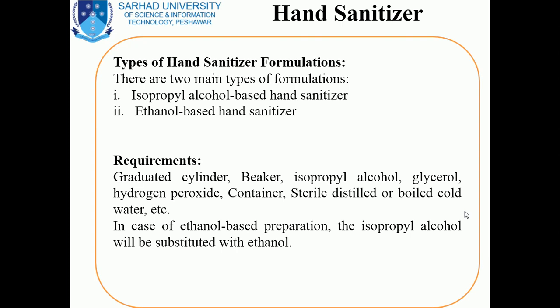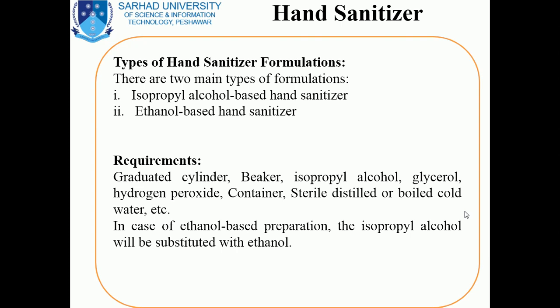Look at the first one, that is isopropyl alcohol, but in case of ethanol based preparation, the isopropyl alcohol will be substituted with the ethanol. If we are interested to prepare ethanol based hand sanitizer formulation, then there is no need of the isopropyl alcohol or IPA.